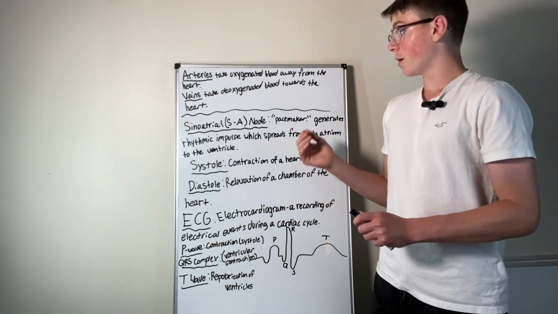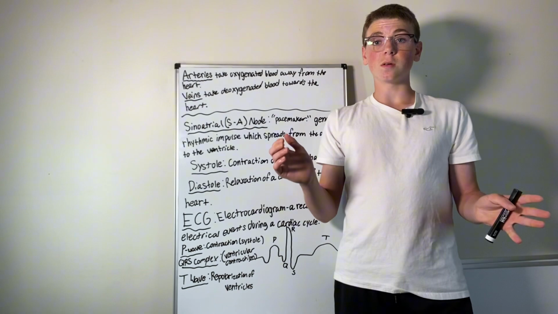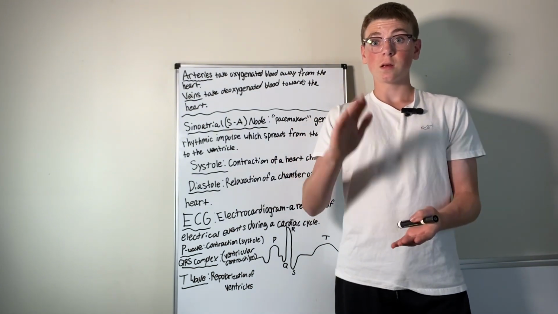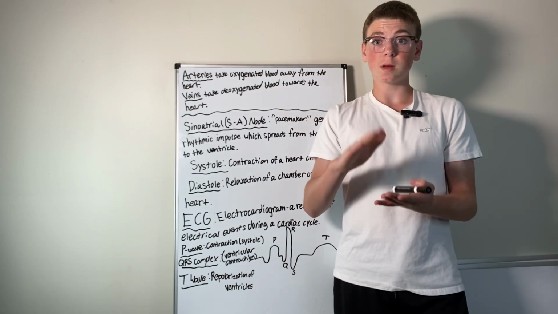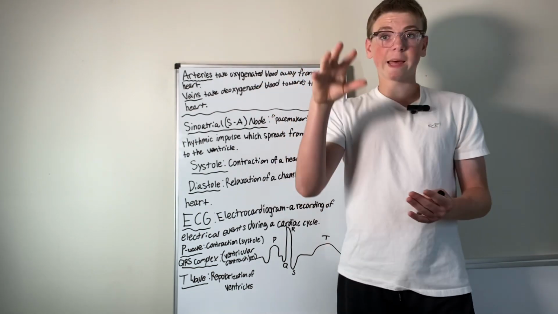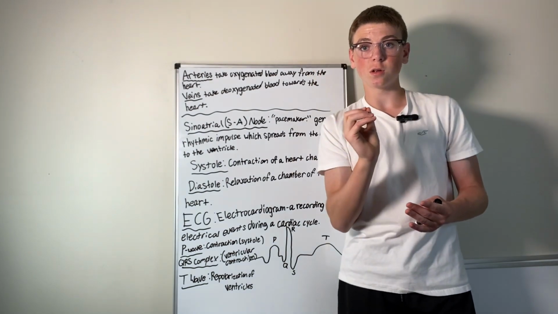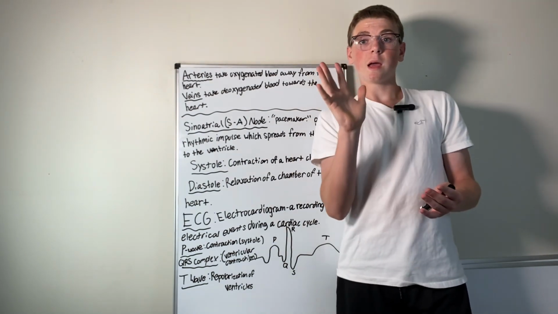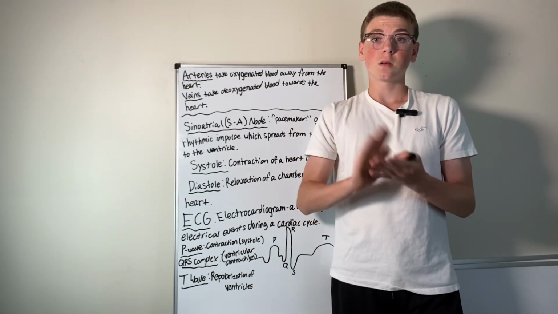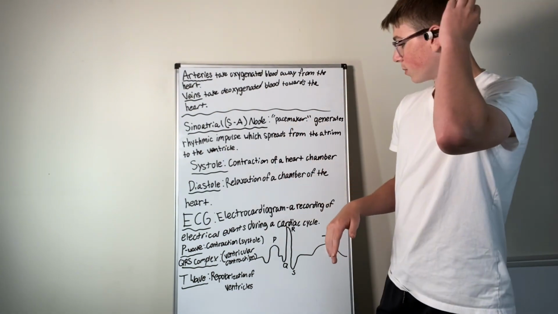So you'd say, okay, the sinoatrial node says atrium first, contract. So systole of the atrium, and then that electrical charge travels down to the ventricles, goes apart, and it says, okay, ventricle, contract. So it'll give you your double beat.